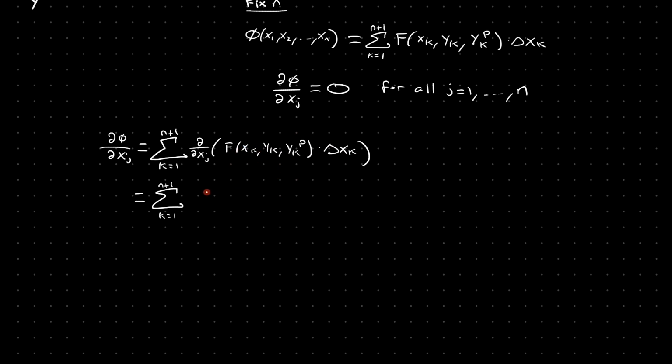So the first thing here, this will be the same thing as the xj derivative of f of xk, yk, ykp, whatever that is, times delta xk, plus the function itself, f of xk, yk, ykp, times the xj derivative of delta xk.